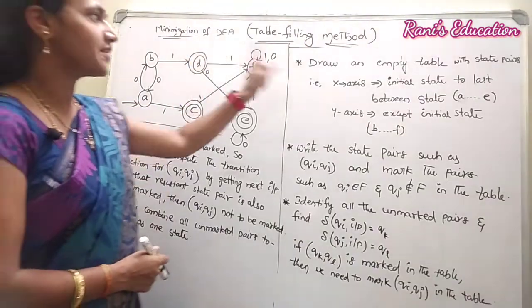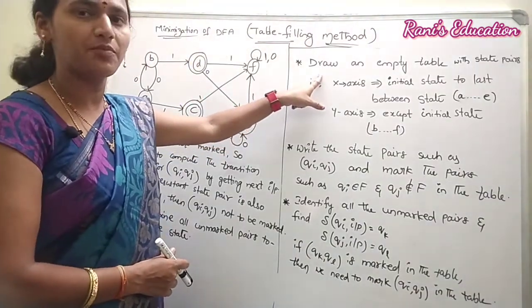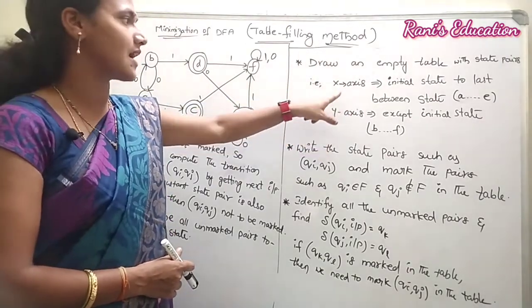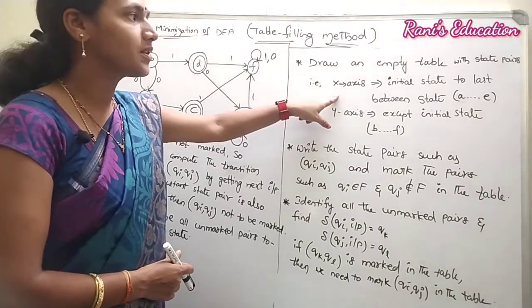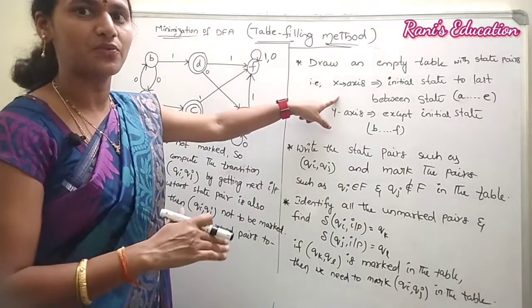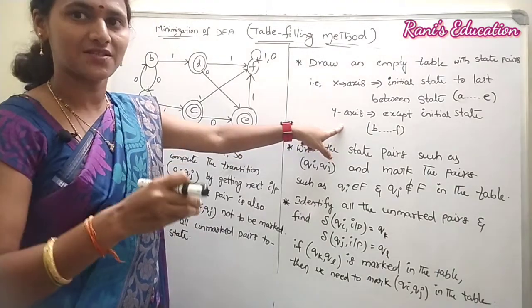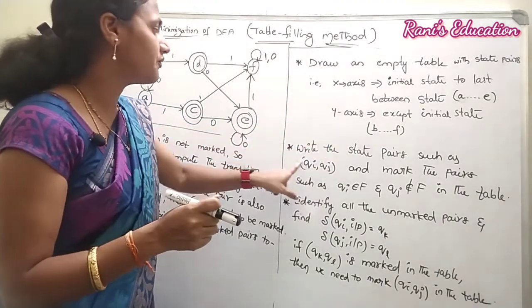Okay. First step, draw an empty table with state pairs, that is, x-axis and y-axis. The x-axis is labeled with the initial state to the last but one state, and the y-axis is labeled with all states except the first state. Go for the second step.